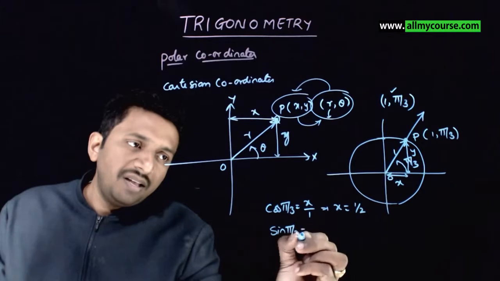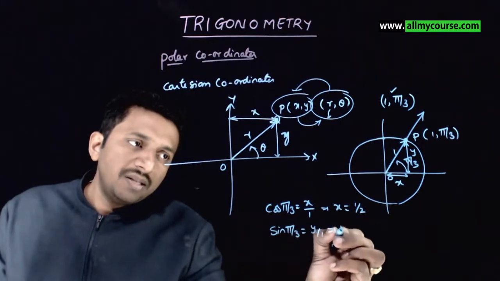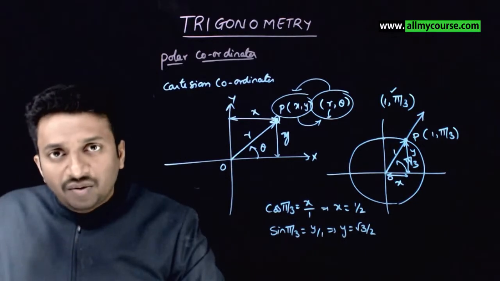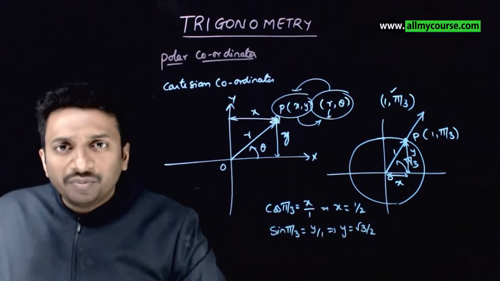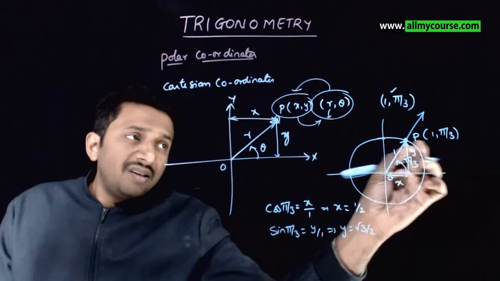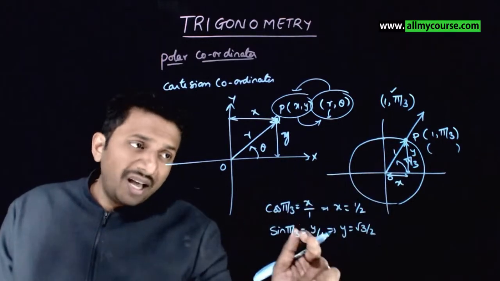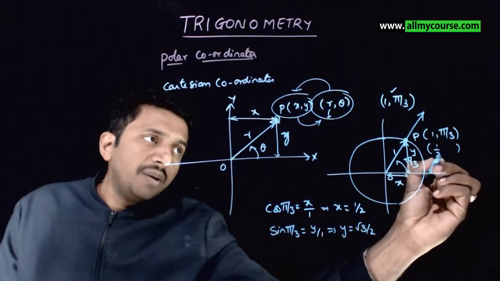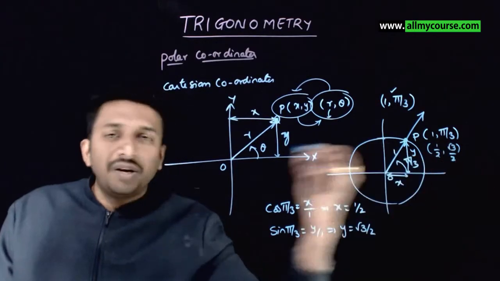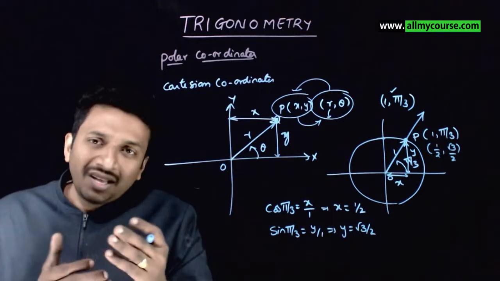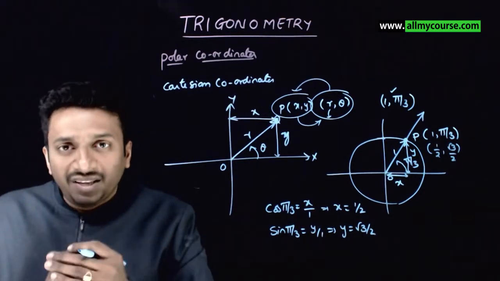This implies y is equal to root 3 by 2. So the Cartesian coordinates of this same point are x is equal to 1 by 2, y is equal to root 3 by 2. That means if the polar coordinates are known, the Cartesian coordinates can be found very easily.